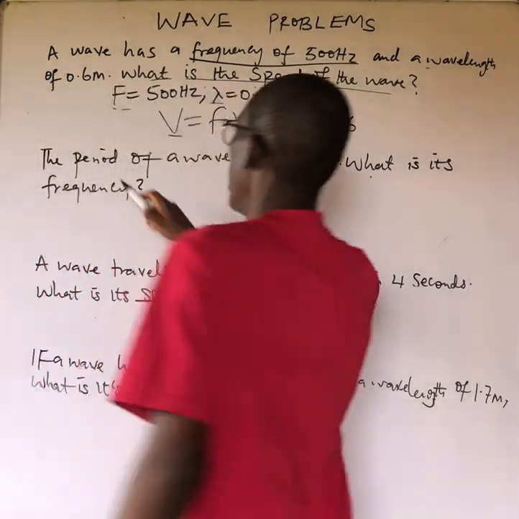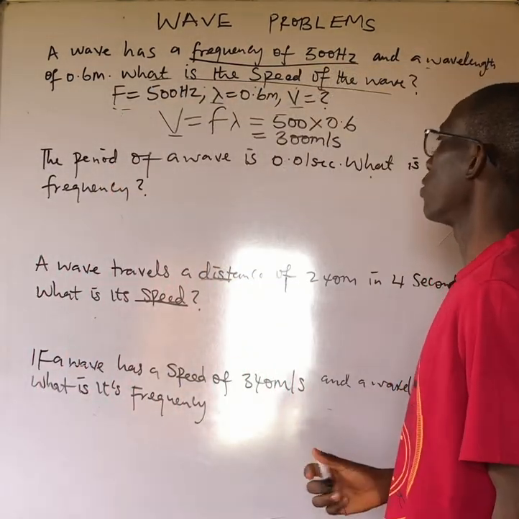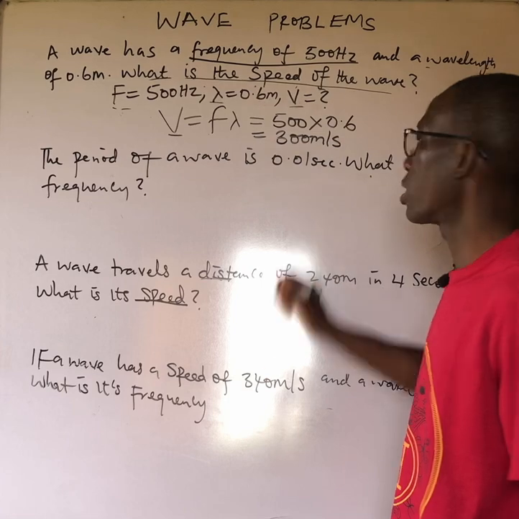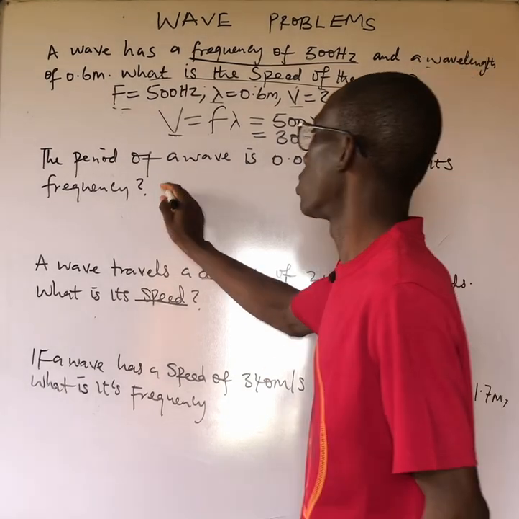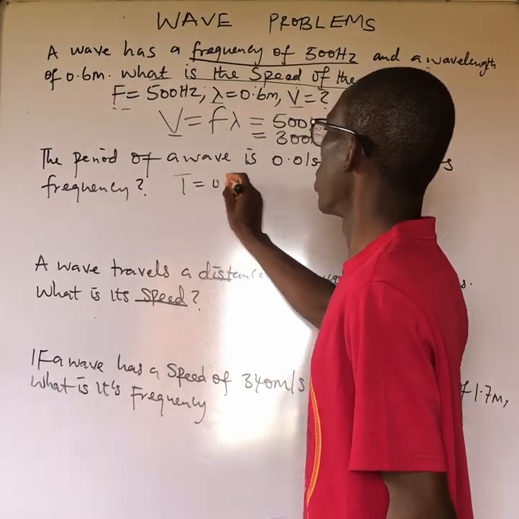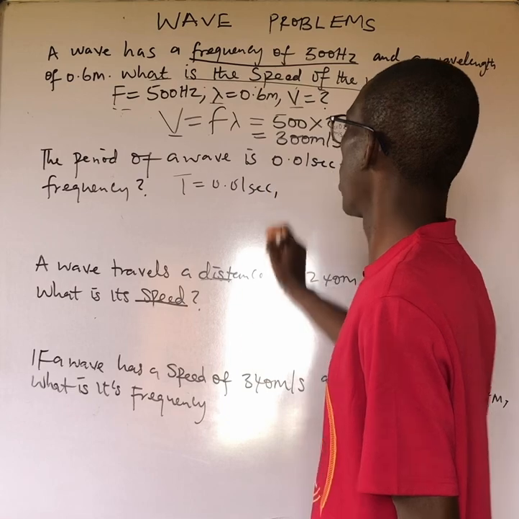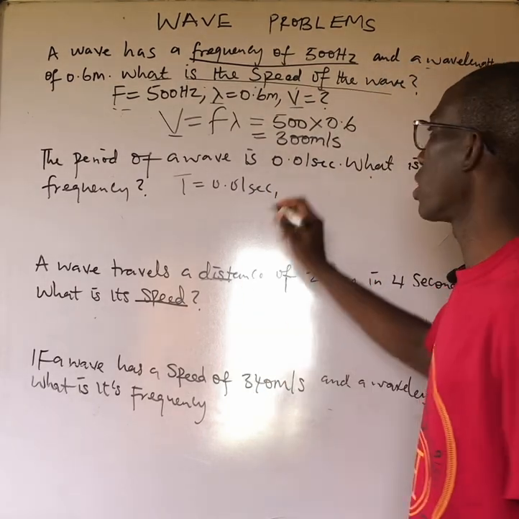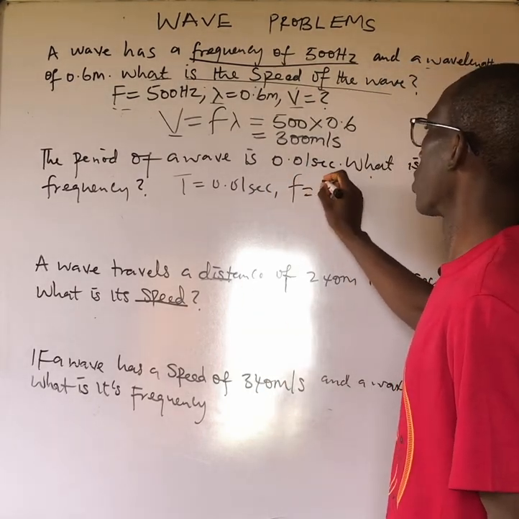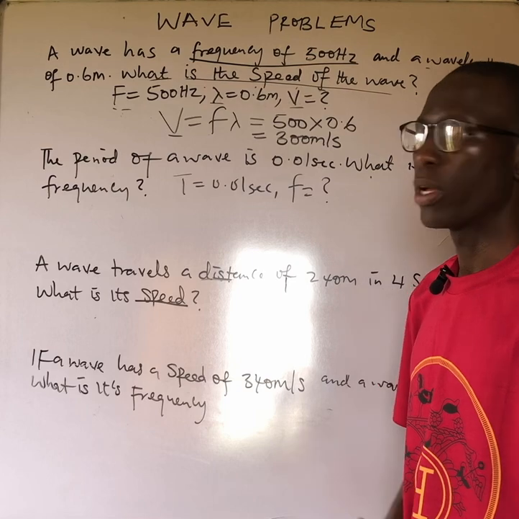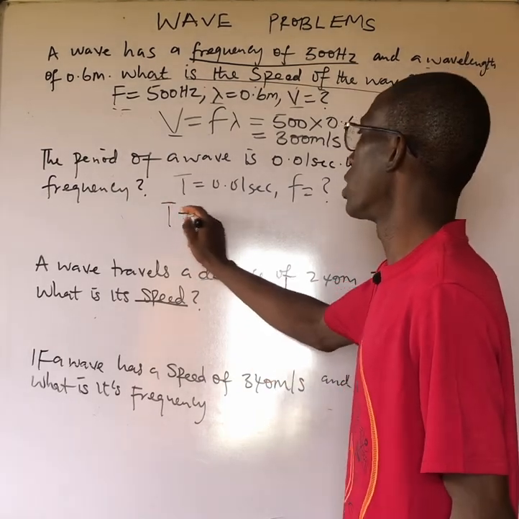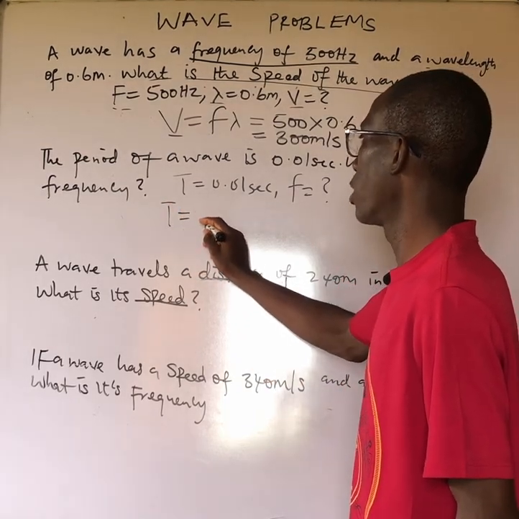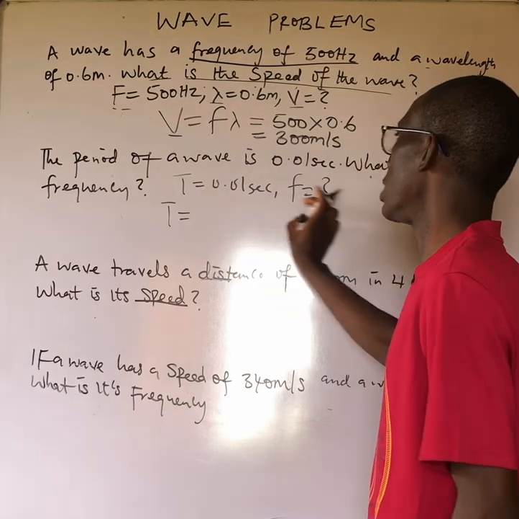We have here the period of a wave is 0.01 seconds. What is its frequency? So this is the period, 0.01 seconds, and we're asked to find the frequency. You have to take note that the period is given. There's a formula that connects these two.